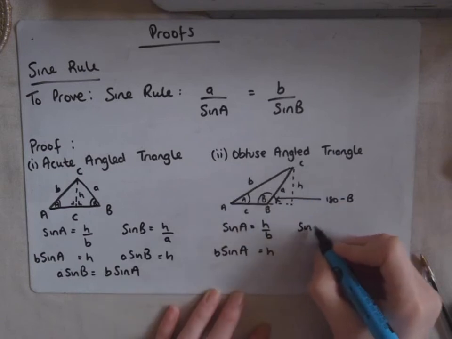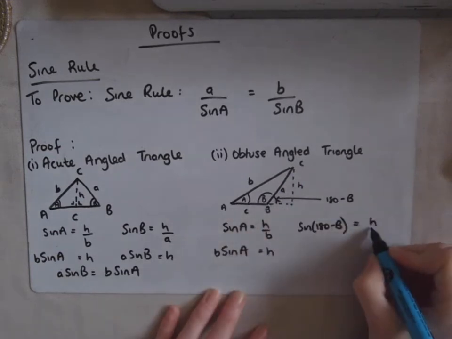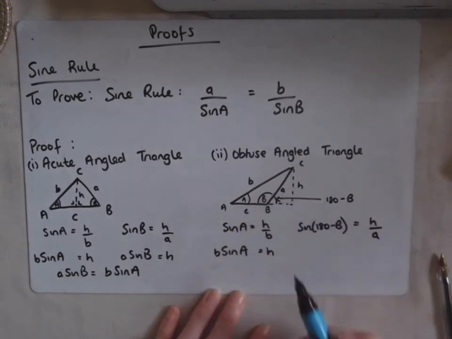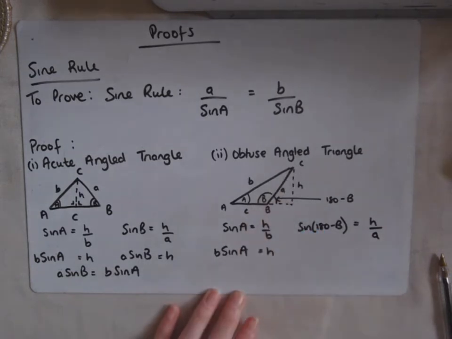You're just using the dotted line triangle because that's your right angle triangle.